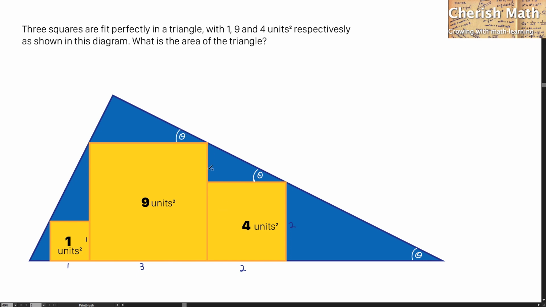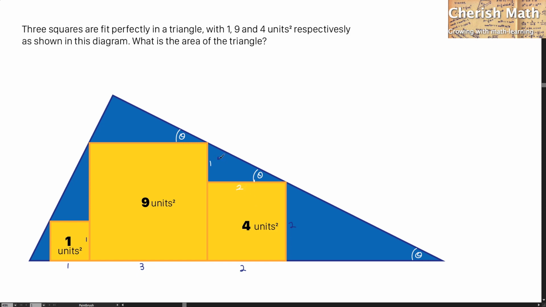For the length of this part, using 3 units minus the 2 units, that leaves 1 unit. And the horizontal length of this right side square is going to be 2 units.